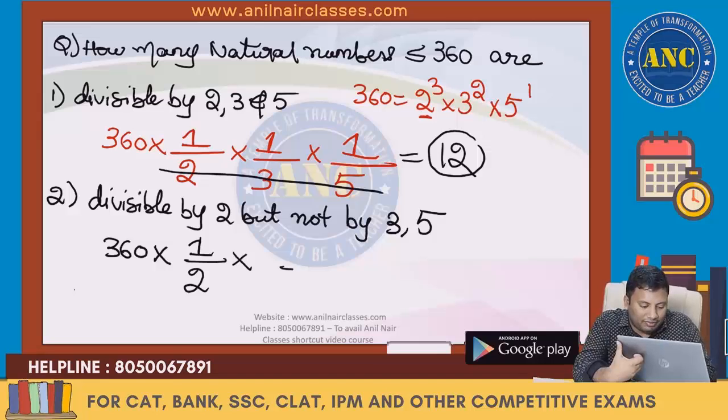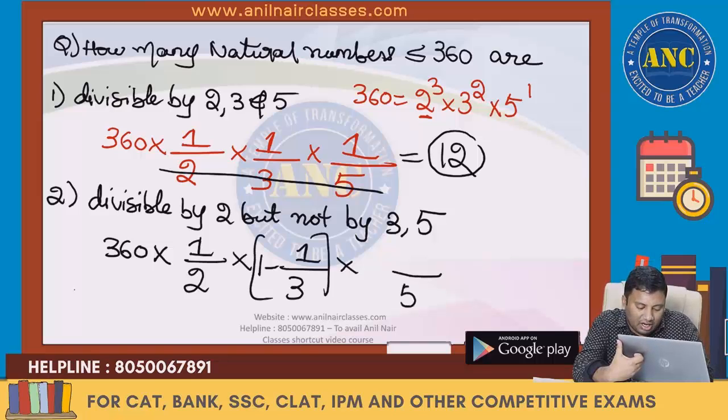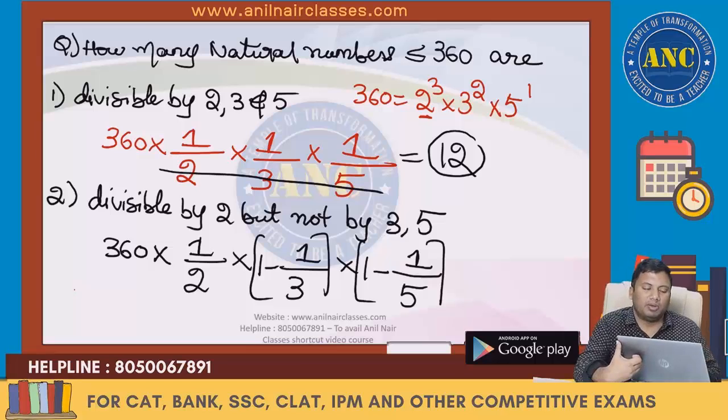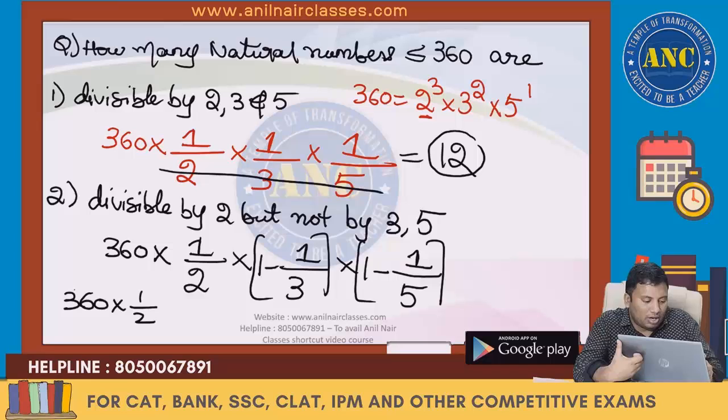But for every 3 numbers, one number is divisible, so not means 1 minus 1 by 3. For every 5 consecutive natural numbers, one number is divisible, so not means 1 minus 1 by 5. So this is 360 into 1 by 2 into 2 by 3 into 4 by 5.